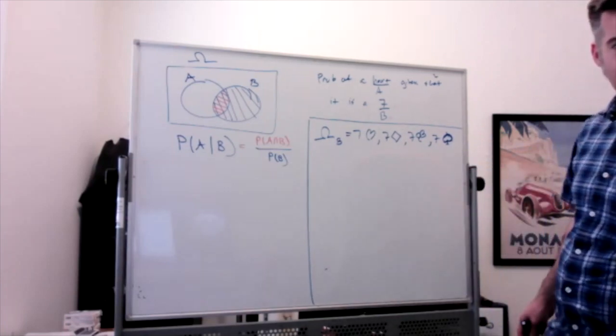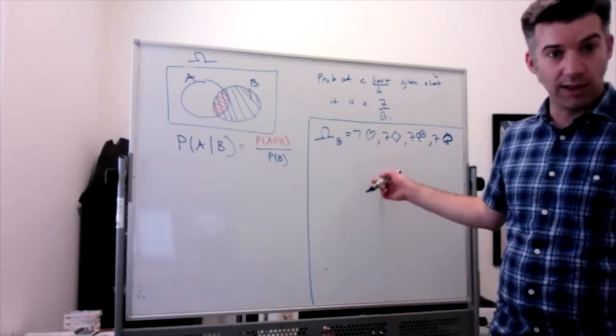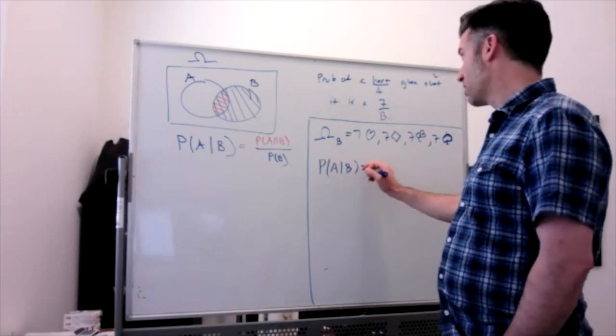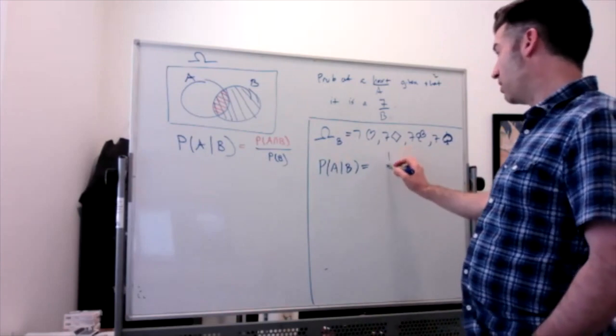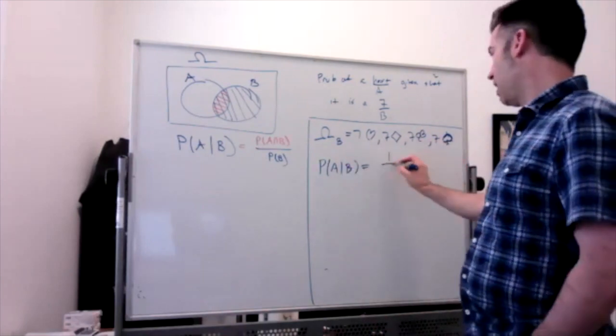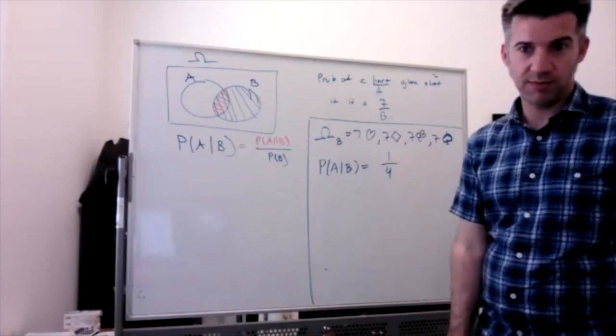There's 4 things in it. How many of them are hearts? Oh, 1 of them. So the probability of A given B is 1 heart in our reduced sample space out of 4 total possibilities.